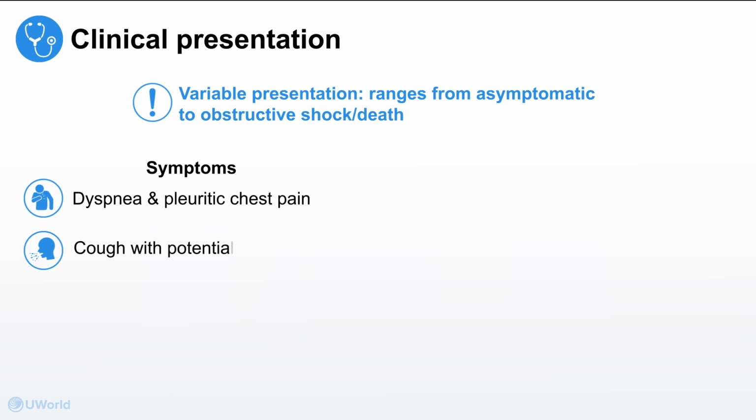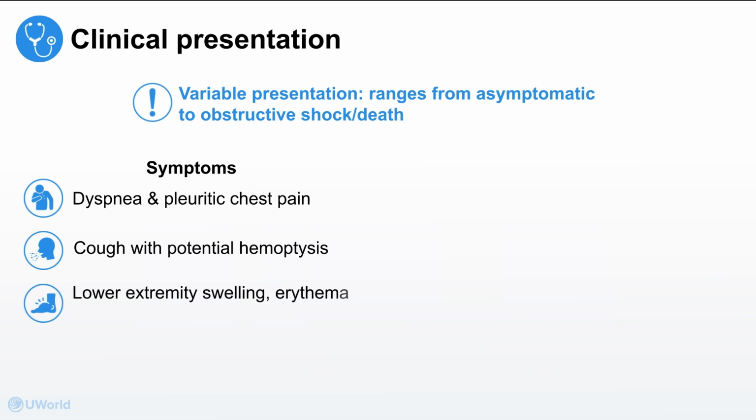Cough occurs somewhat less frequently and may be associated with hemoptysis, particularly when there is underlying hemorrhagic infarction. Other important clues include symptoms suggestive of deep venous thrombosis, such as lower extremity swelling, erythema, and tenderness.